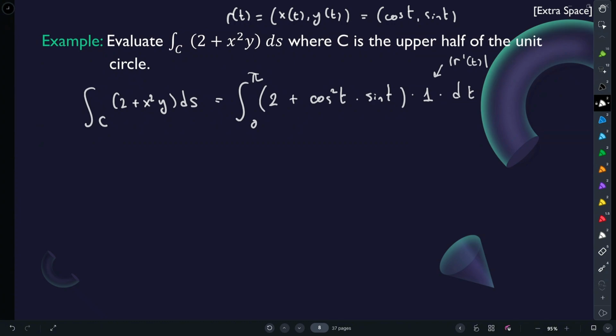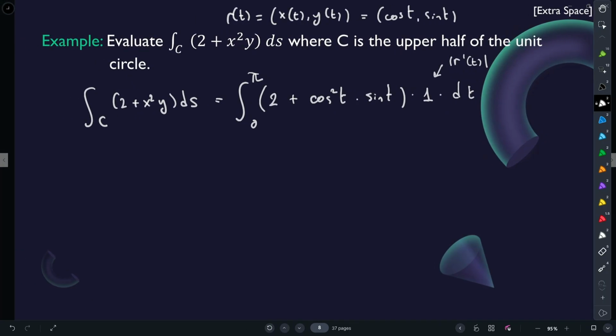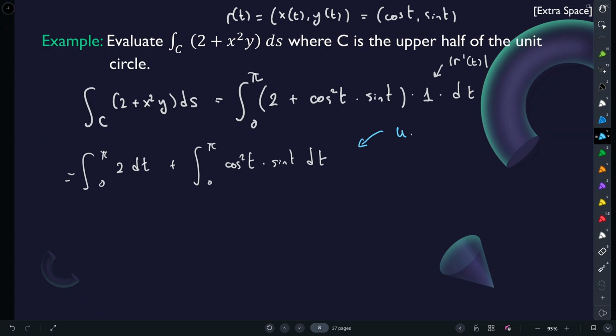And now I just have to integrate this. On one hand, I have the integral from 0 to pi of 2 dt. That's going to be easy. And then the integral from 0 to pi of cosine squared t times sine t dt. But for this second one, I'm going to use a u substitution, u is cosine t, so that du is minus sine t dt.